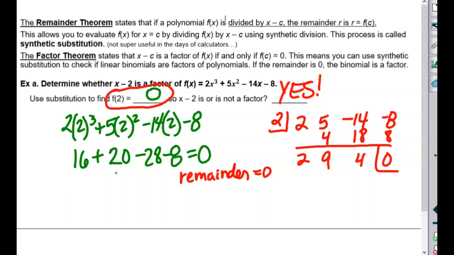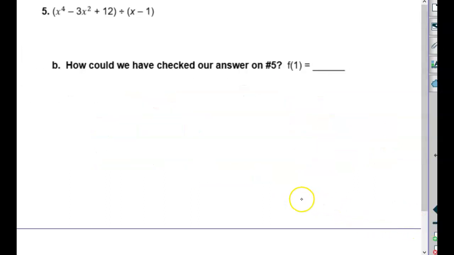Should be minus 28. 5 times 2 squared. On this one, the first one here should be a 3. It's a 2x cubed, and you have a 2 up there. Okay, yeah, so I think it's just a typing error, but I can look at the other one with you in a minute if you want me to. We can go back and look.